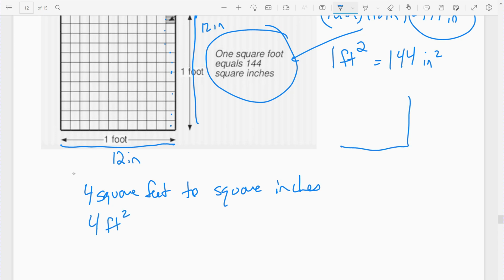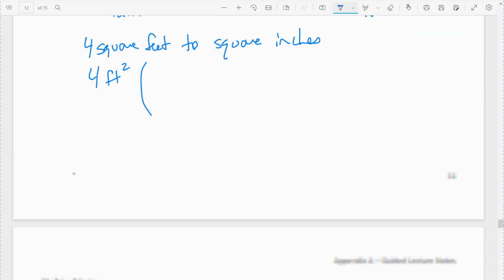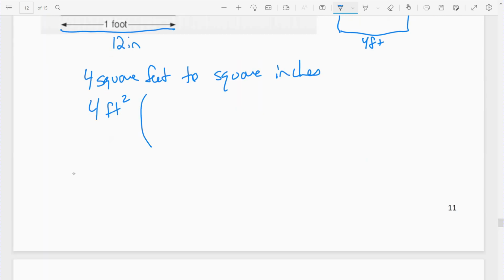There would be 4 feet on that side and 4 feet on that side. For each of those 4 feet, there are 12 inches. So I have to multiply by 12 inches twice to take care of the two sides. There are 2 ways to do it. You can multiply it out together, and I'll show you both ways. I need to get rid of both feet. There are 2 of them here. That's what the square feet means.